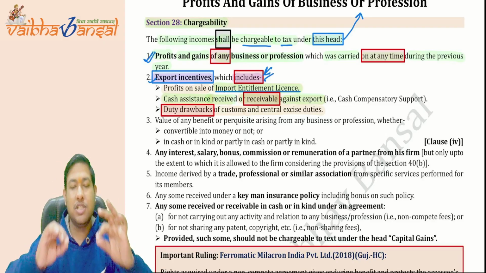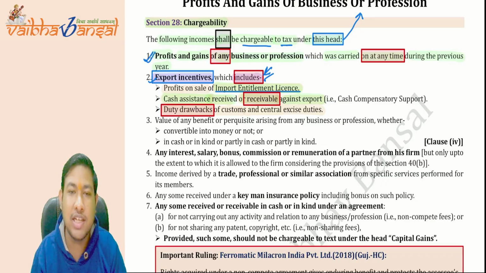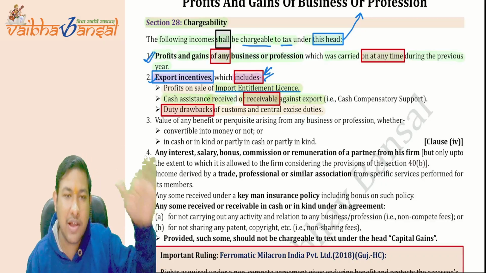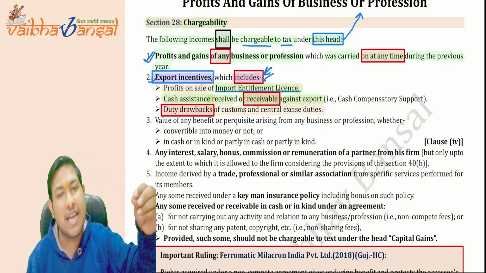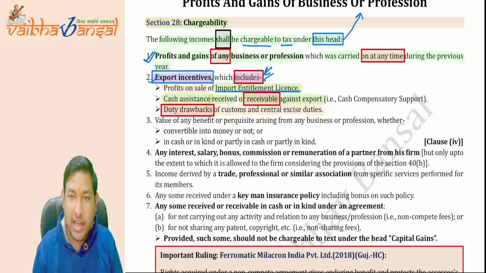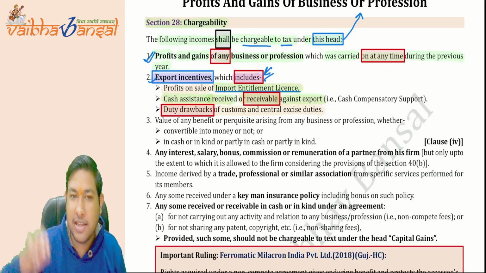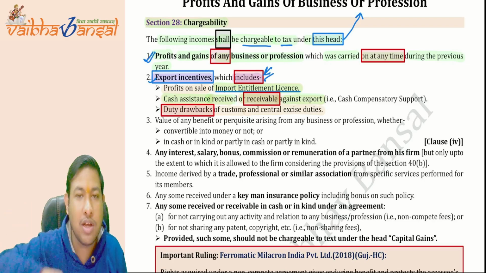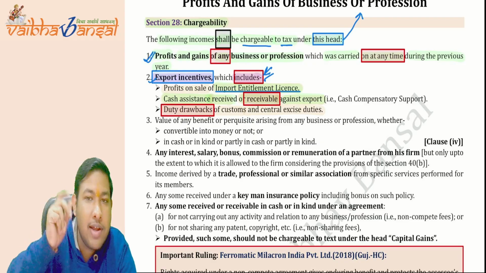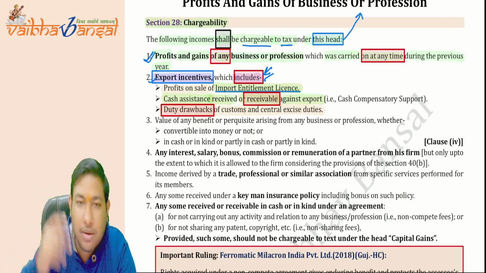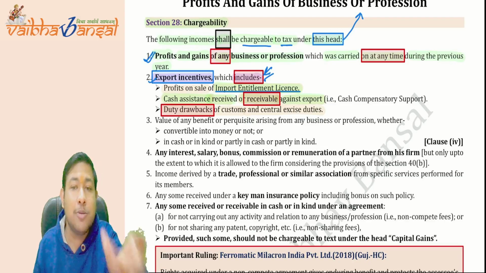Suppose Mr. ABC is exporting something to the USA. Now the government has given him an import entitlement license and cash assistance also. But when you are going to export something, at the seaport there is a custom officer. The custom officer says, I do not care that you have an import entitlement license or cash assistance from the government.